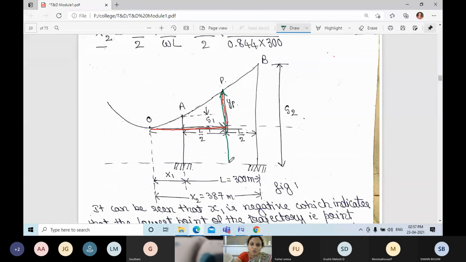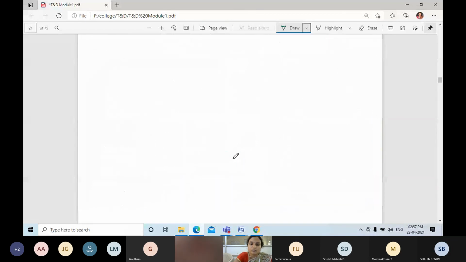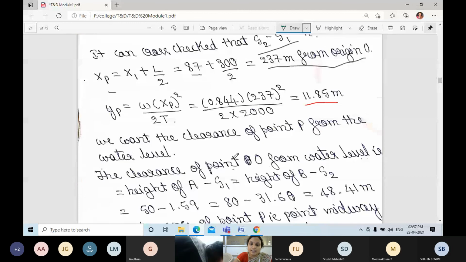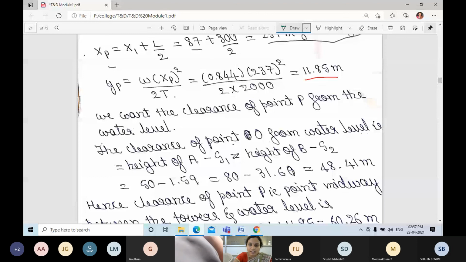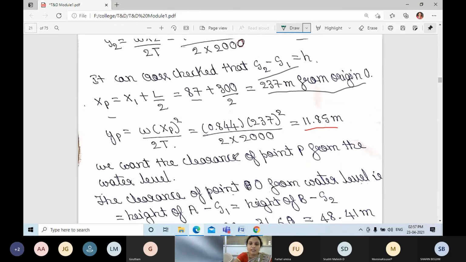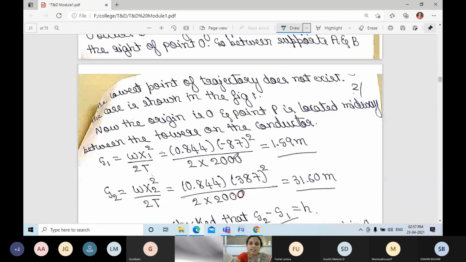This is what we require. They are saying from point P we require the clearance of point P from the water level. The clearance of point O from water level is height of A minus S1, or we can solve height of B minus S2. In the last problem we have solved the same case.